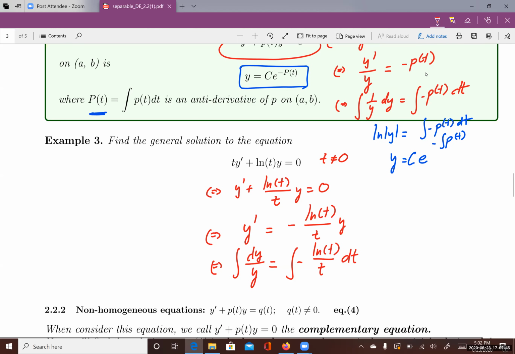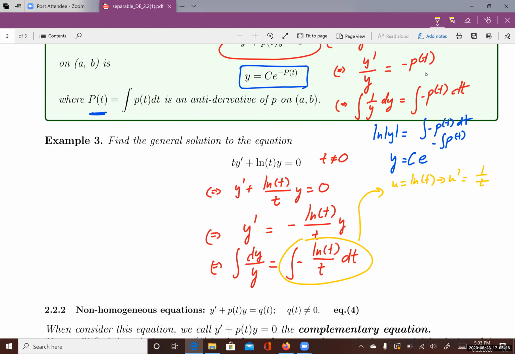Well, at this point, we know that the integral of dy over y is natural log of y. The integral of ln t over t, you remember that you can use substitution in order to find this integral, where u equals natural log of t, then u prime equals 1 over t, right?